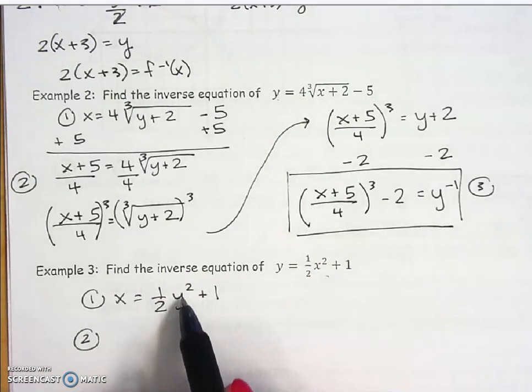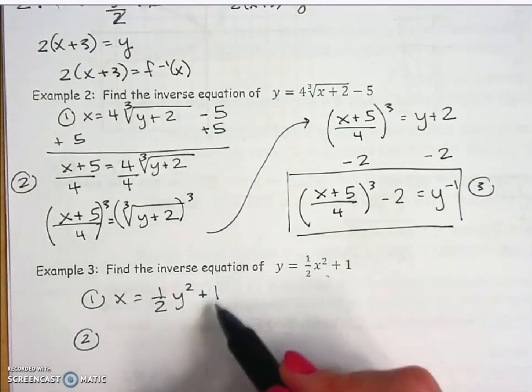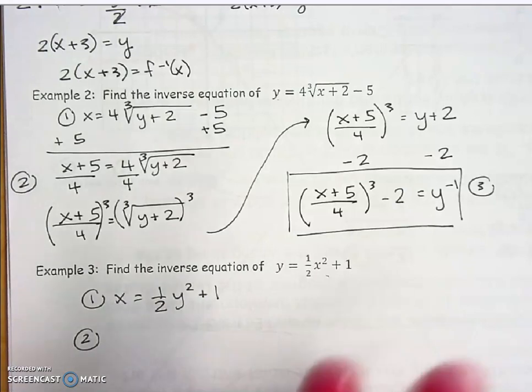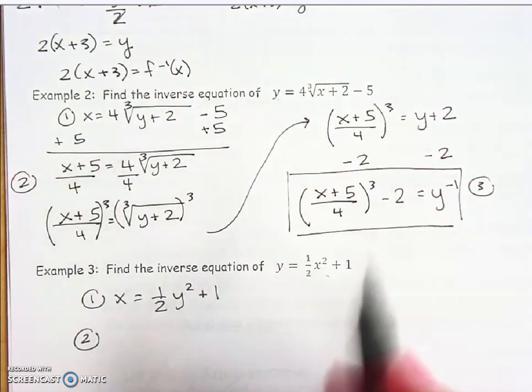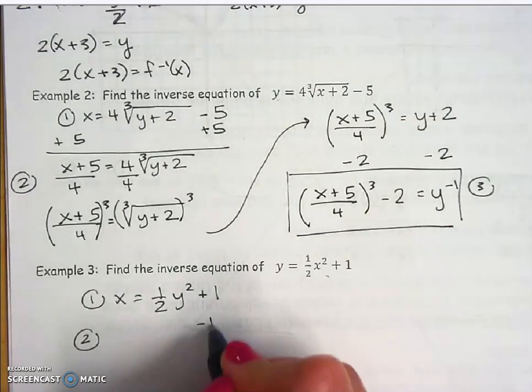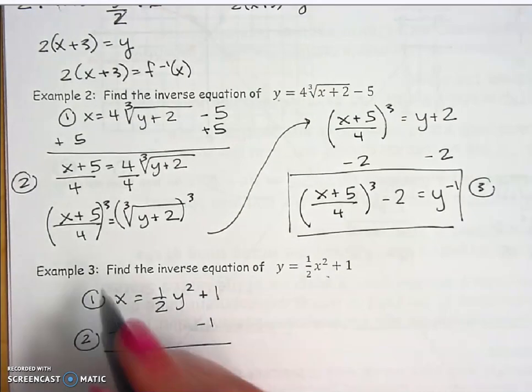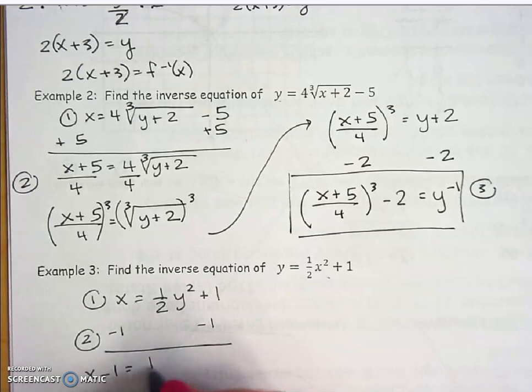So right now I have y is squared times a half and then a plus 1. So I'm going to start at this plus 1, which is like the far, air quote, can you see my air quotes? Farthest away. So minus 1, minus 1. So x minus 1 equals 1/2 y squared.